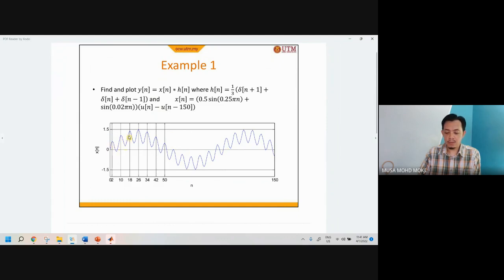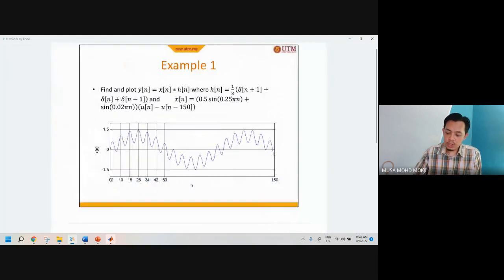It starts here, and then it completes somewhere here. Okay, and then we do the summation. Everything starts at 0, and the peak is at n equals 2, and the peak for the lower frequency is somewhere here at n equals 26.